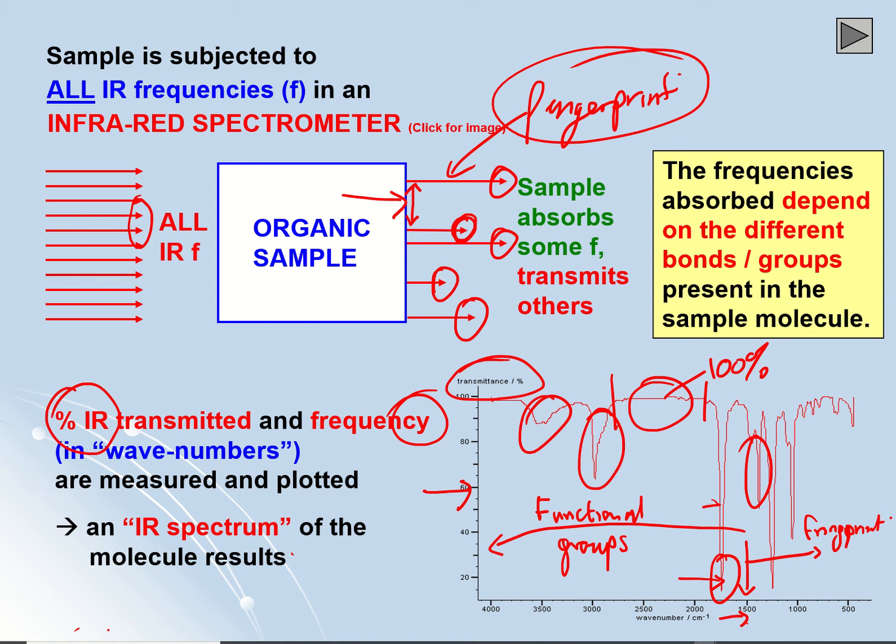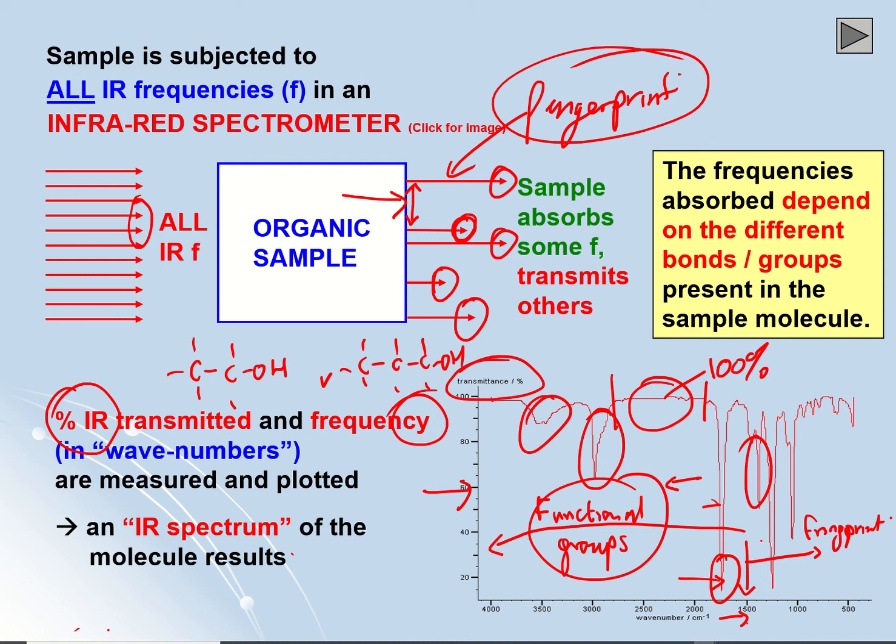So for example, if I had ethanol and propanol, they both have the same functional group. So from 1500 down, their traces would look the same. You might go, well, there's not much point in that, because it doesn't allow me to tell whether it's propanol or ethanol.